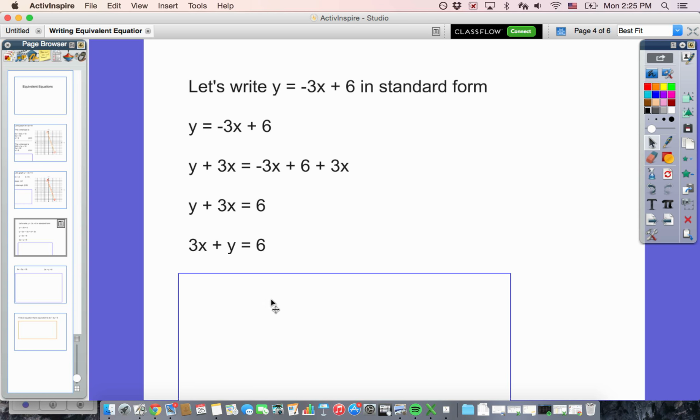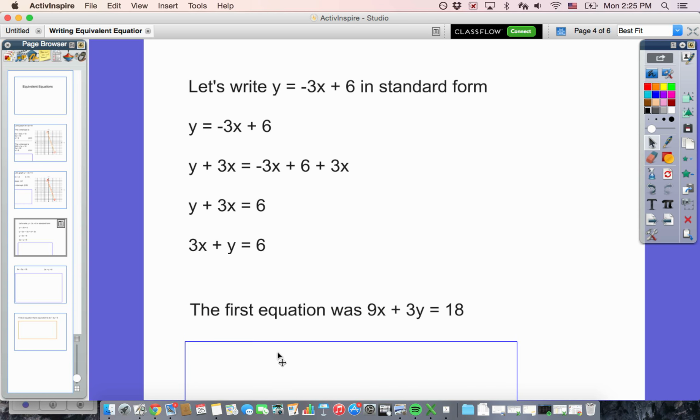The first equation is 9x plus 3y equals 18. We saw that when we graphed these two, it was the exact same line. So why is it that these two equations, even though they look different, are the same line?